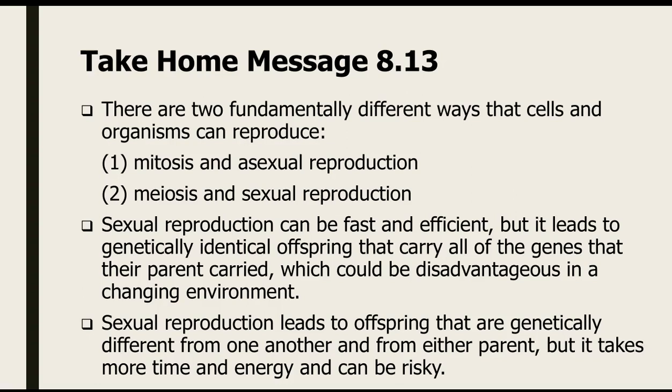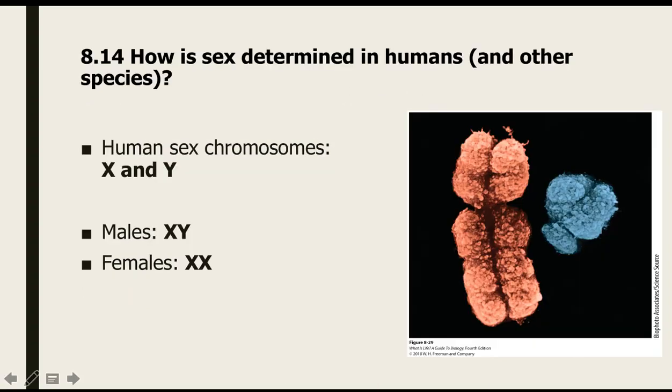Asexual reproduction can be fast and efficient, but offspring are identical, and whatever happens in that environment change, it could be a disadvantage to the organism. Sexual reproduction is slower, costs a lot more energy, takes a lot more risk, but your offspring are genetically different from each other and from the parent, and that can be good for the long term.